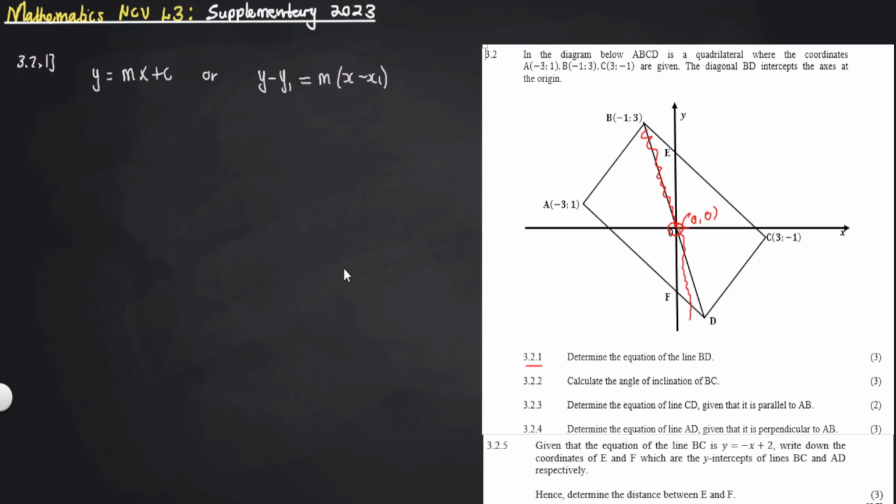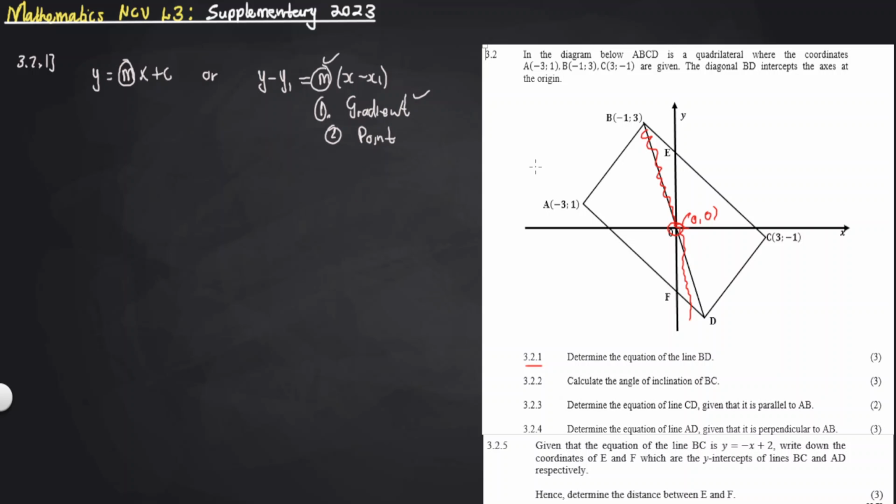But the first thing you're going to need is the gradient. After finding the gradient, you need one point to work out the equation. So you need two things. One, you need the gradient. Two, you need a point. You need a gradient to substitute m. You need a point to work out the full equation.